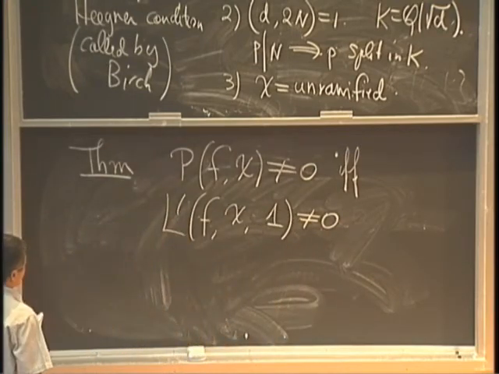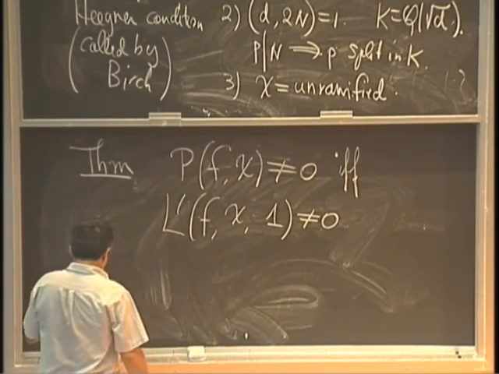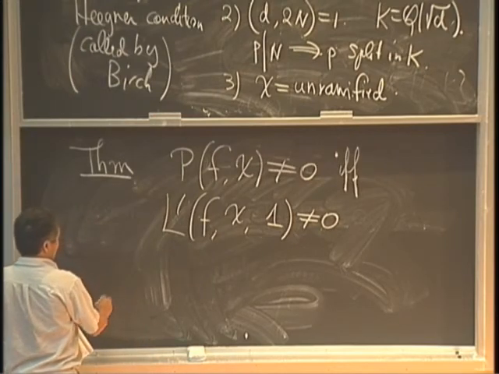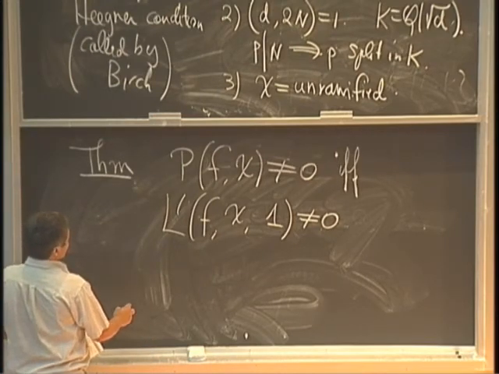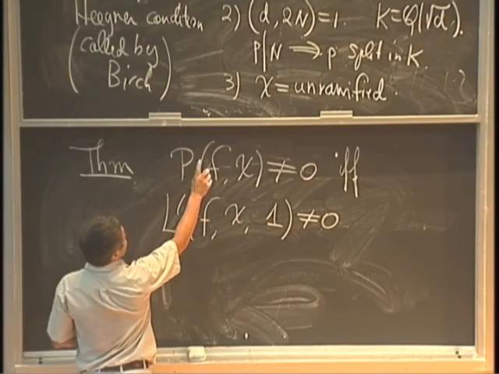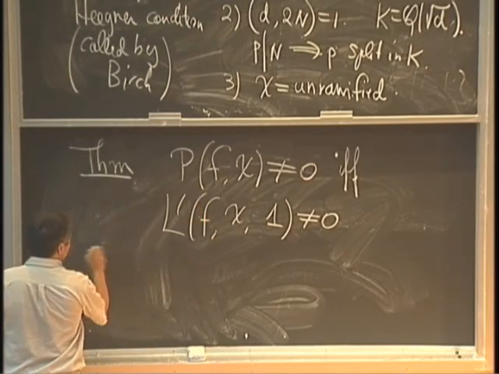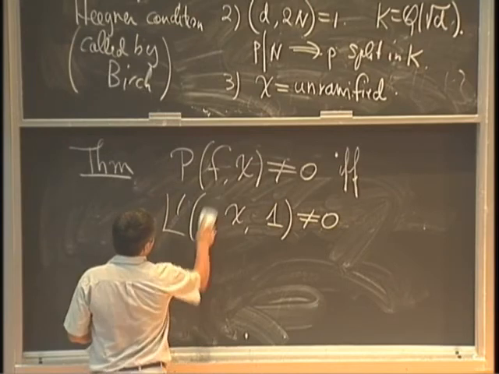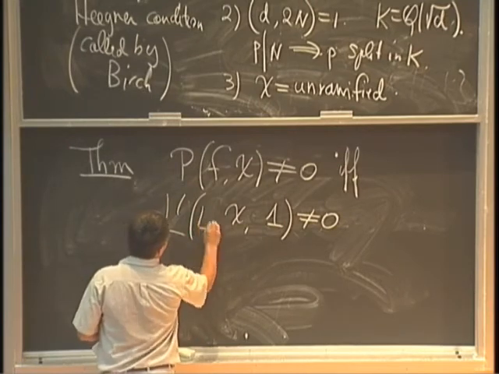So I need to explain a little bit of that. So this L-function, oh, I didn't write it. Yeah, it doesn't matter. Let me write E here, probably better. Actually, it's the same thing.